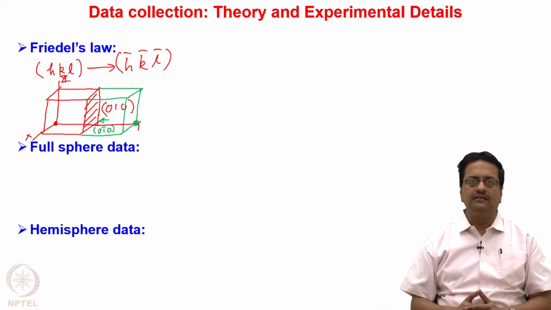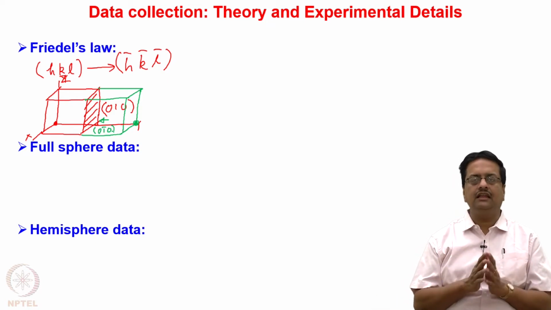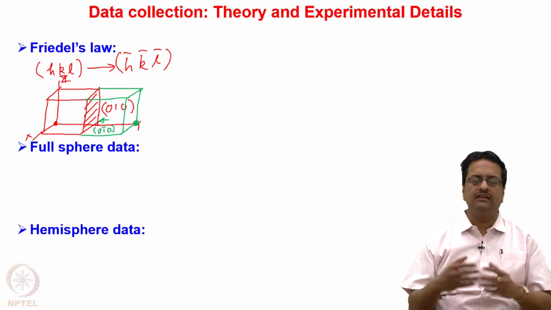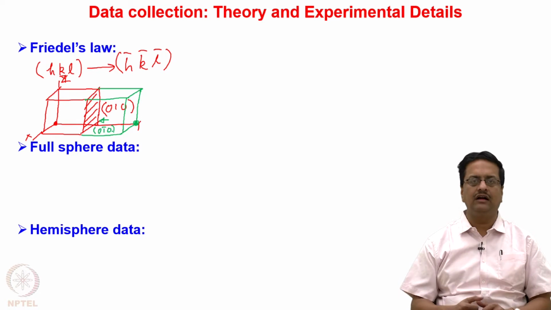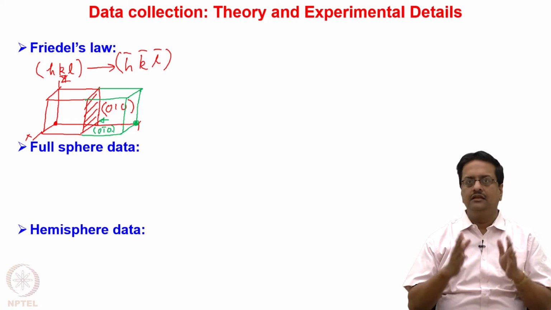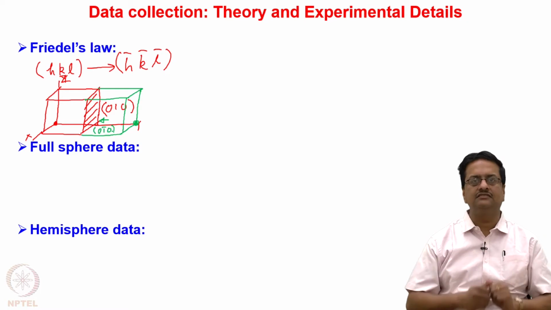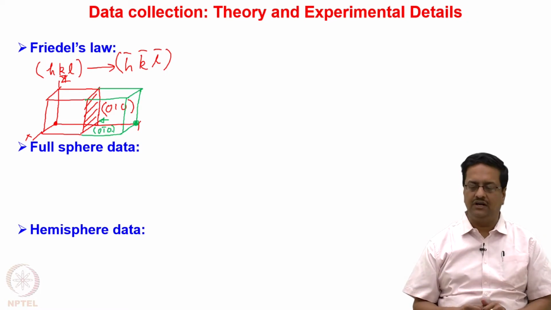What does it imply? It implies that a plane HKL and all its negative indices like H bar, K bar, L bar represent the same plane, and once these two are the same plane, the planar density of HKL is the same as the planar density of H bar, K bar, L bar.